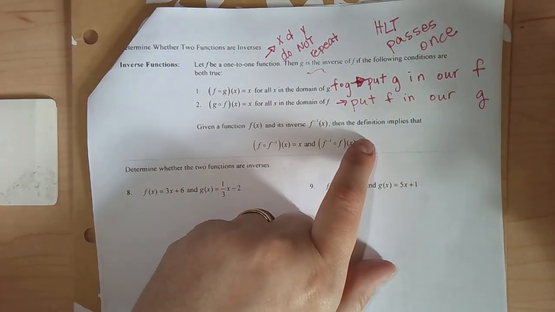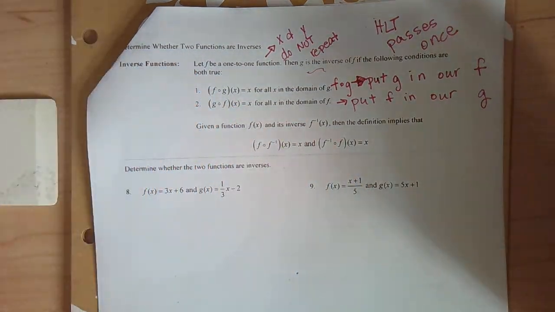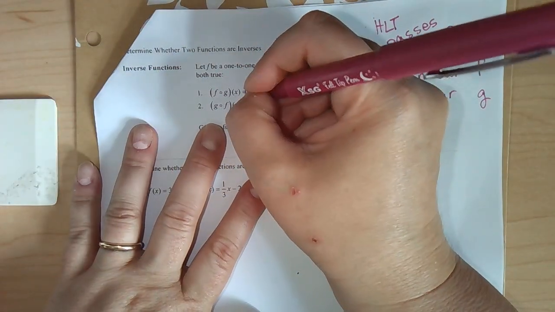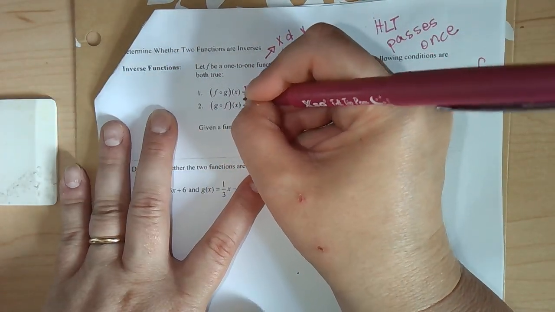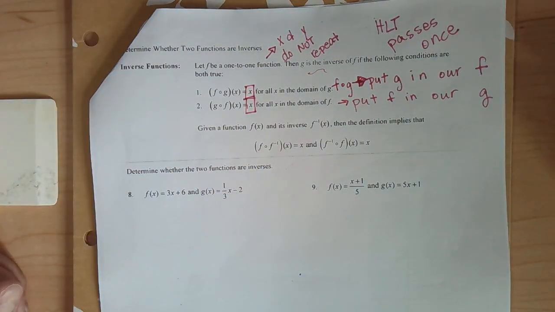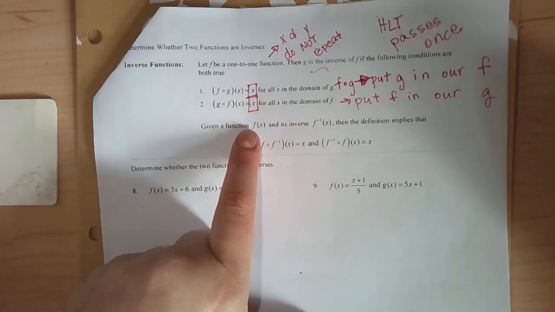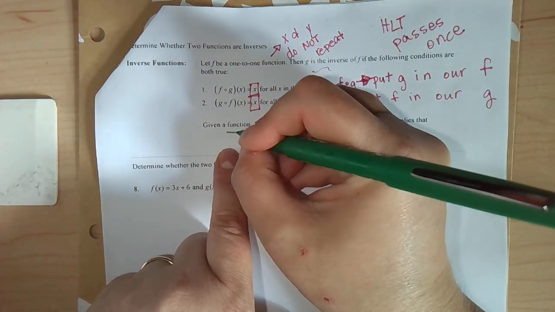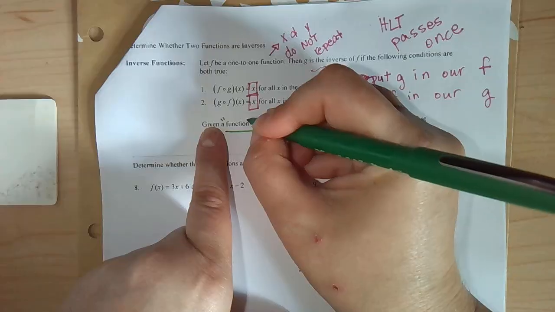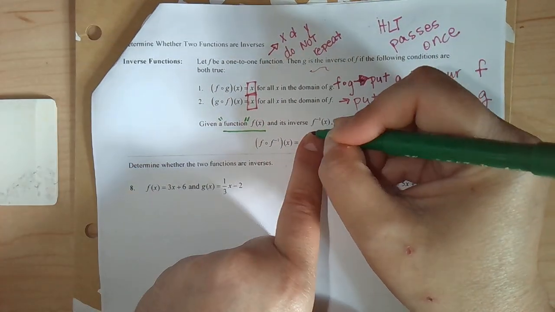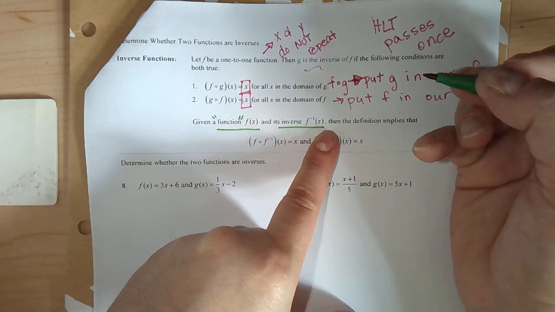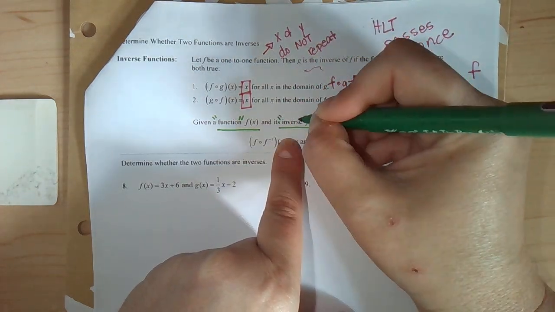So this is saying if you put each equation inside of each other and all you get is x after they cancel, then those two are called inverses. The way we say f of x is we just call it the function. But when we say this f to the negative 1 of x, that's what we call the inverse.